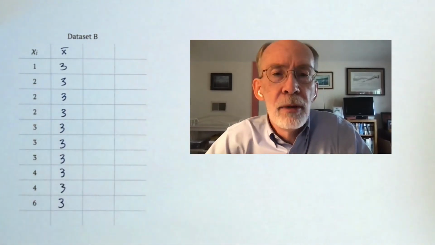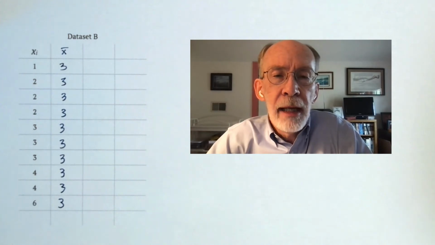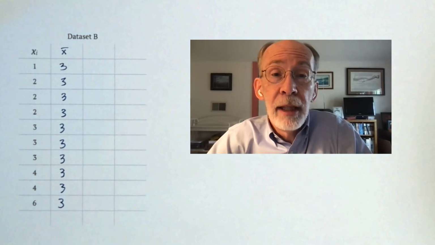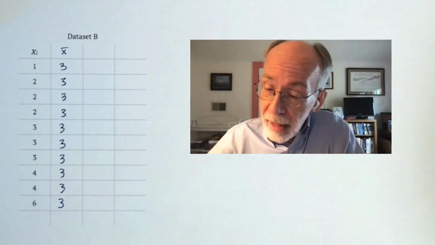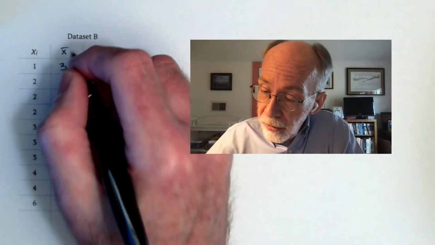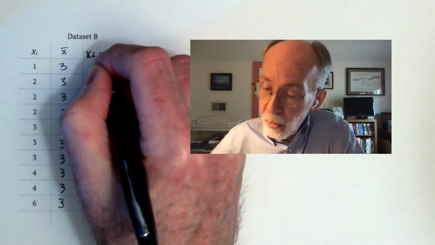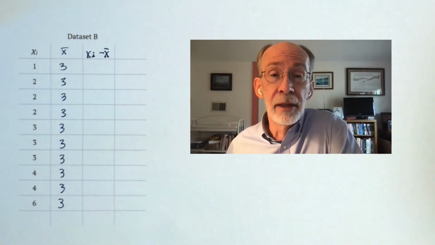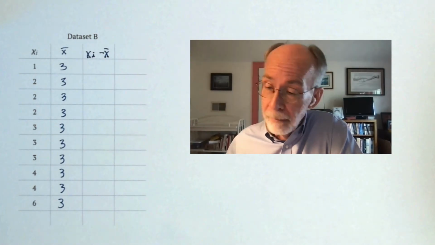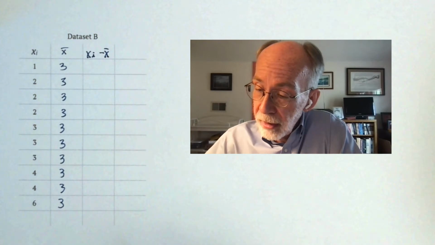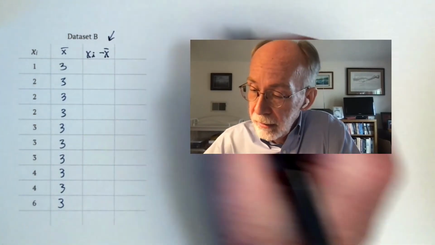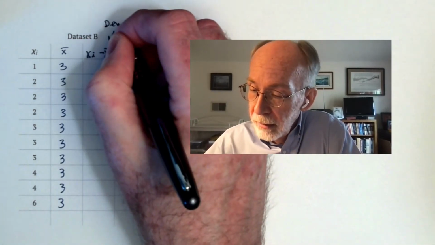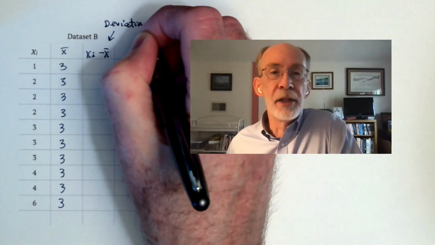And so what we can do is go through and find the distance between each value in the data set and the mean of all the values in the data set. And we'll just do that by subtracting. In principle, you could subtract in either order, but the standard thing, the customary thing, is to take each value minus the mean rather than the other way around. These differences are called deviations, or deviations from the mean.